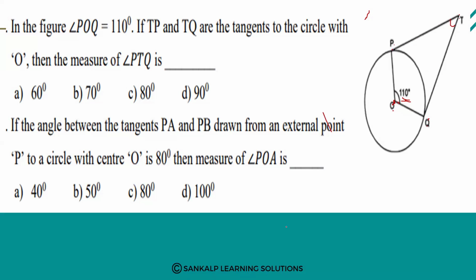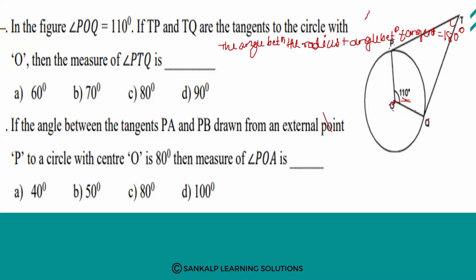So we know one relation, that is the angle between the radius plus the angle between tangents is equal to 180 degree.